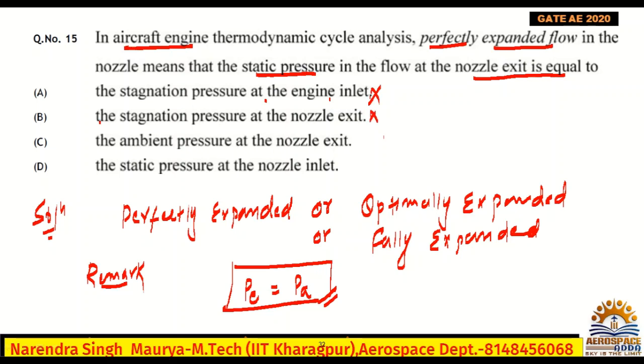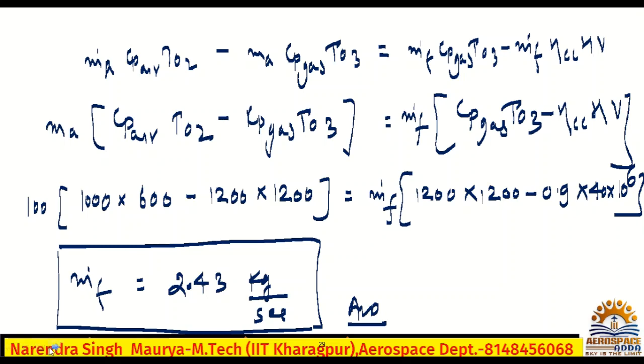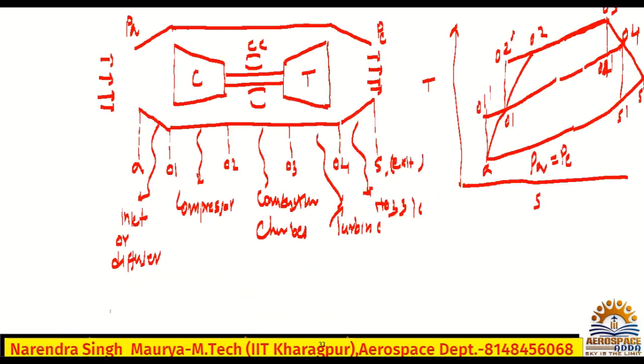Third option is the ambient pressure at the nozzle exit, and fourth is the static pressure at the nozzle inlet. Suppose this is the nozzle: here is the nozzle inlet pressure and this is the nozzle exit. What is the nozzle inlet pressure here? The nozzle inlet pressure is at point 4, so the static pressure at point 4 will not be equal to the exit of the nozzle.